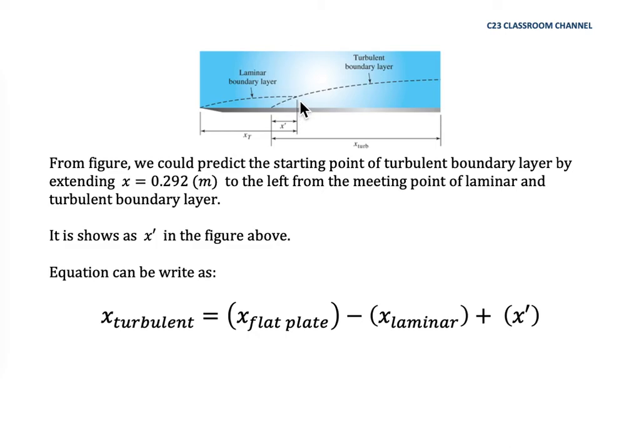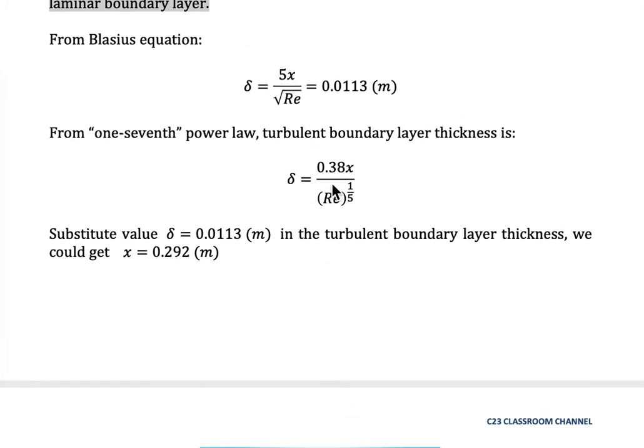So we substitute this thickness into the turbulent boundary layer thickness equation, which is 0.38x times the Reynolds number to the power of -1/5. In this term, we need to expand the Reynolds number because the Reynolds number has rho u x over mu.